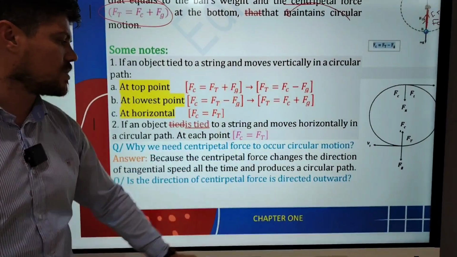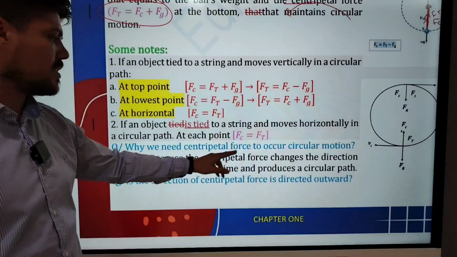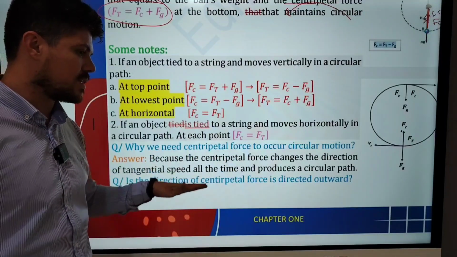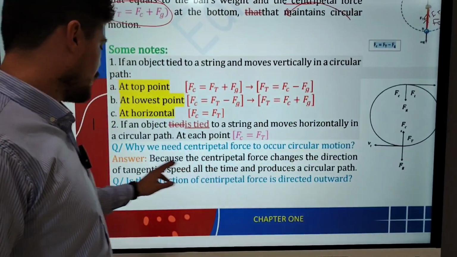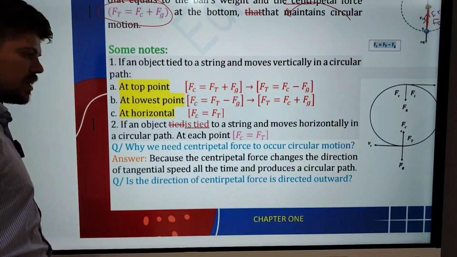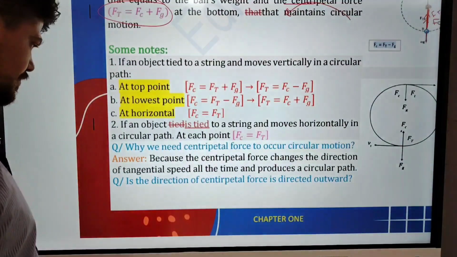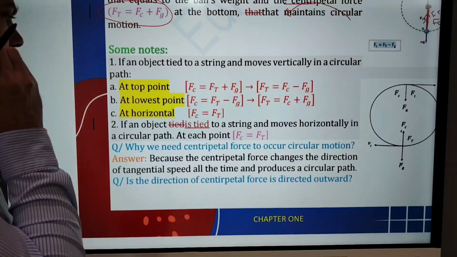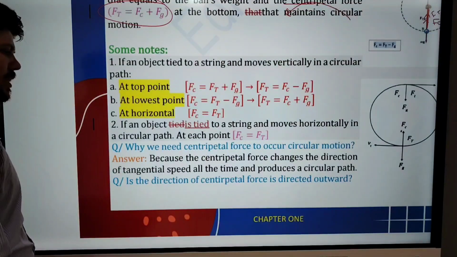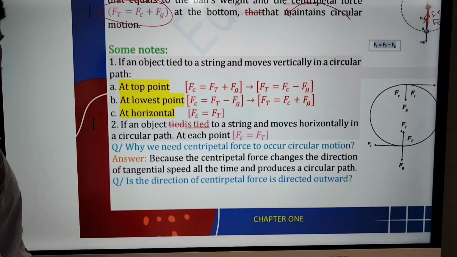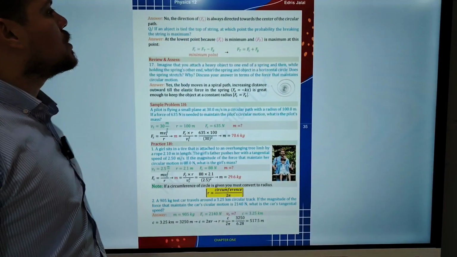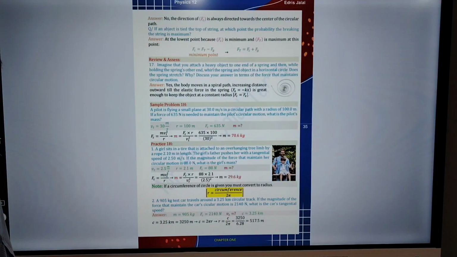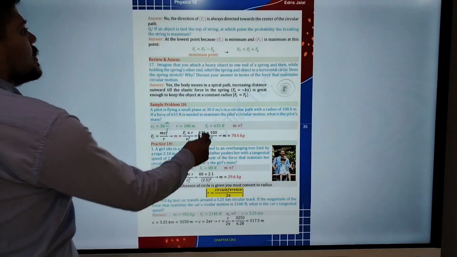Because the centripetal force, the center seeking force, is seeking the center, changes the direction of the tangential speed all the time and produces a circular path. Is the direction of the centripetal force directed outward? No. Its direction is always toward the center of the circular path.